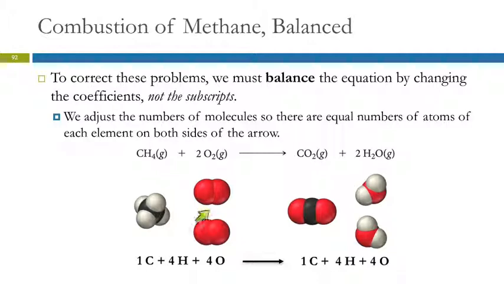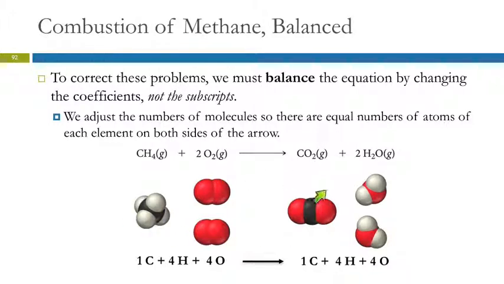So we had a problem that there was not enough oxygen on this side. There were 3 oxygens on that side. So we can't change O2, but we can say, well, what if we had 2 of these oxygen molecules? That would give us 4 oxygen atoms. And then over here, we had an issue with hydrogen, right?